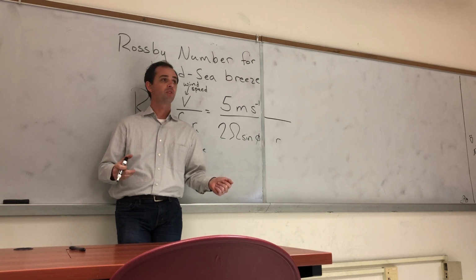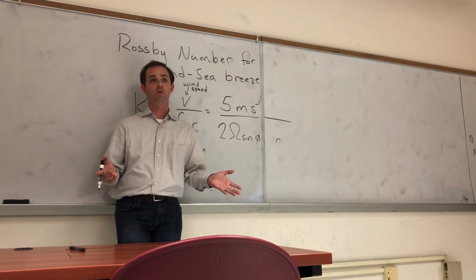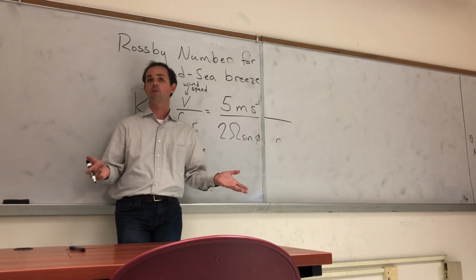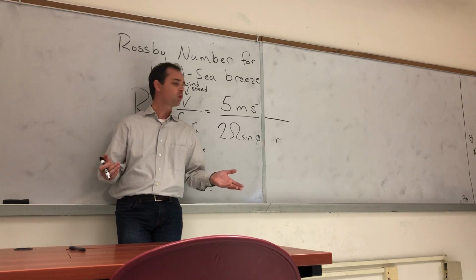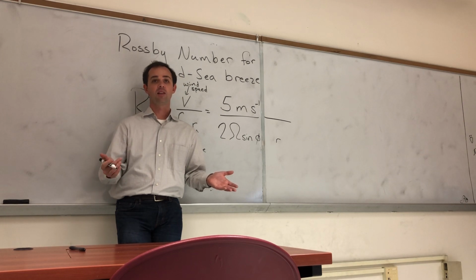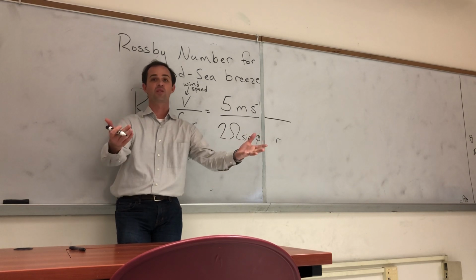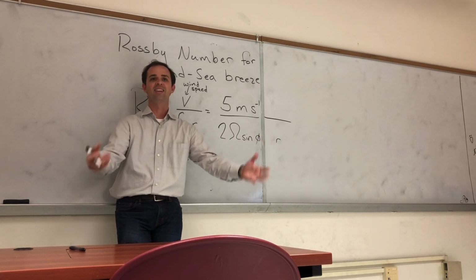The Rossby number, again, is useful for a rough estimate of how important the Coriolis and centrifugal forces are. The important thing is not to get the exact number, but to get something that's the right order of magnitude. So I'll just pose the question back to you. The size of what?